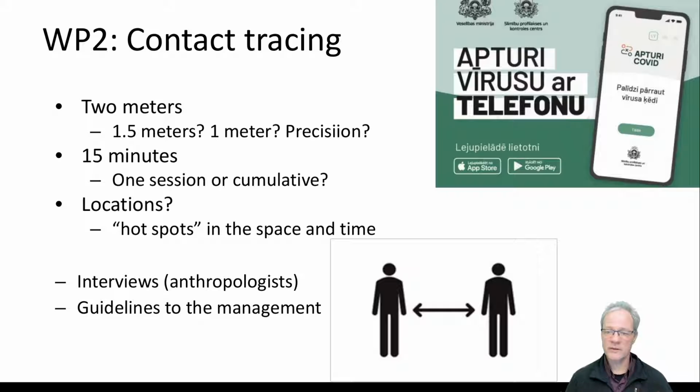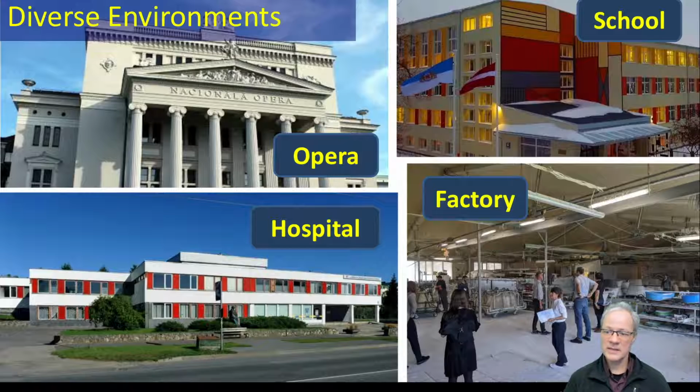So we had to have a different kind of technical solution, with more precision and more information, the location information, where the hotspots are in space, and also in time, that we could not get from the Stop COVID application, right? So that's what we did. We created solutions like that, and we went to 4 different kinds of environments.